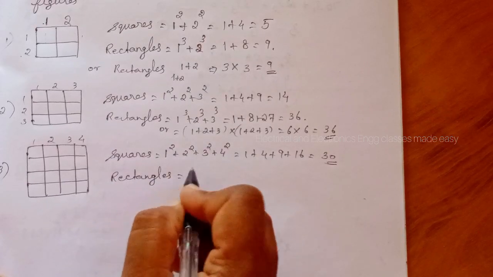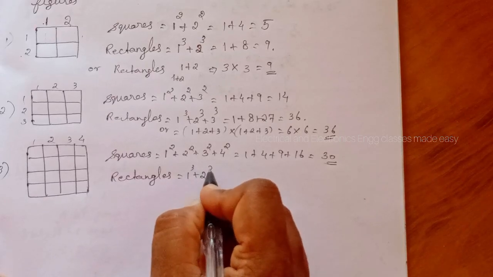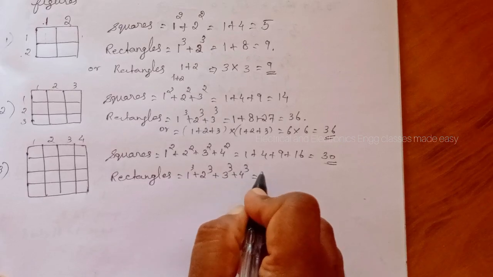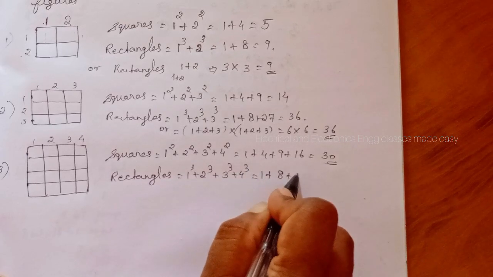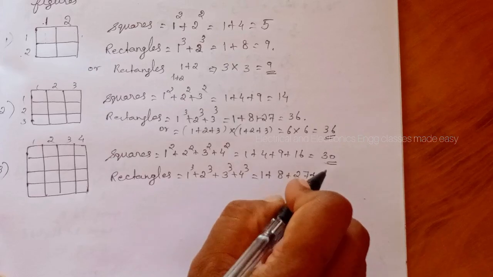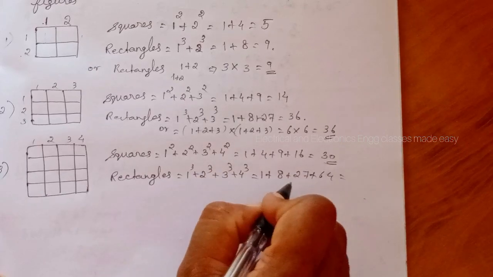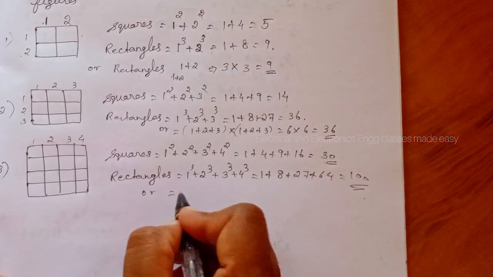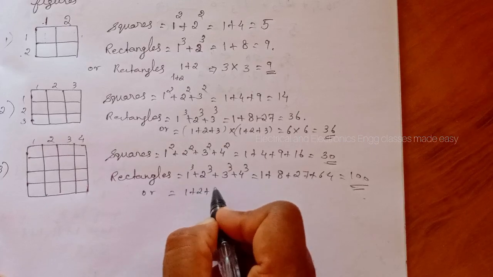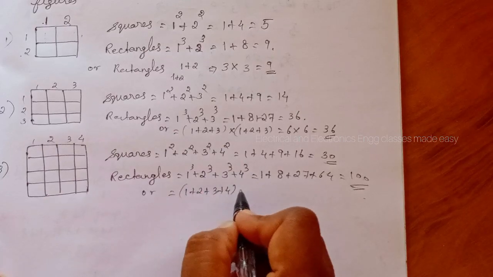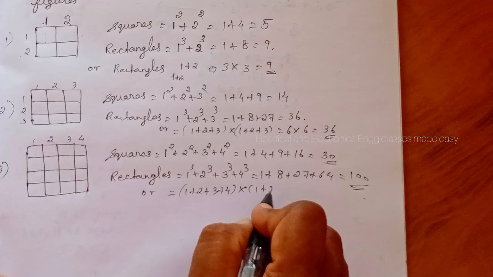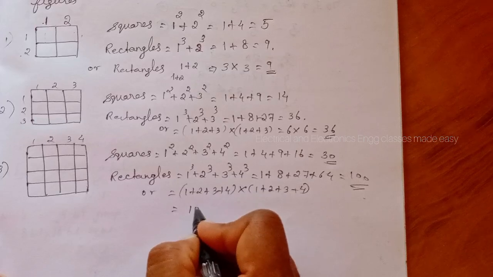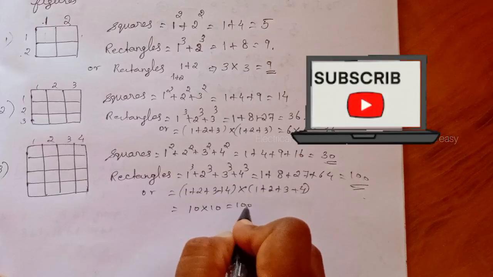The number of rectangles equals 1 cube plus 2 cube plus 3 cube plus 4 cube, that is 1 plus 8 plus 27 plus 64, that is equal to 100. Or in another way, we have 1 plus 2 plus 3 plus 4 into again 1 plus 2 plus 3 plus 4, that is 10 into 10 equal to 100.